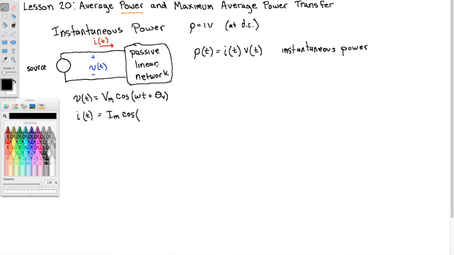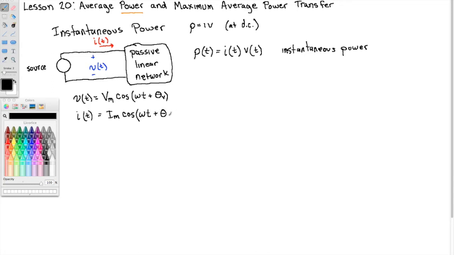Now, as you should have already seen and understood, a linear system or a linear network does not change the frequency. So this has to be omega. So these are going to be the same frequencies, definitely. But the amplitudes will be different, and the phases will be different as well.